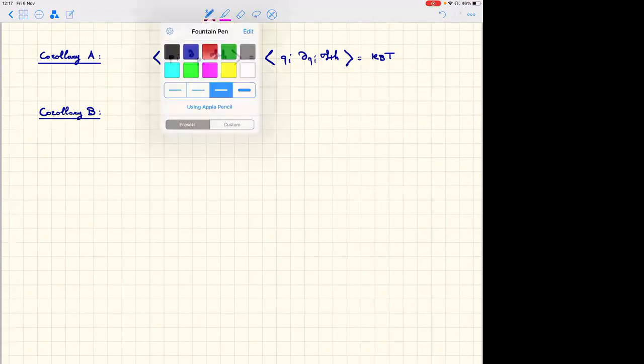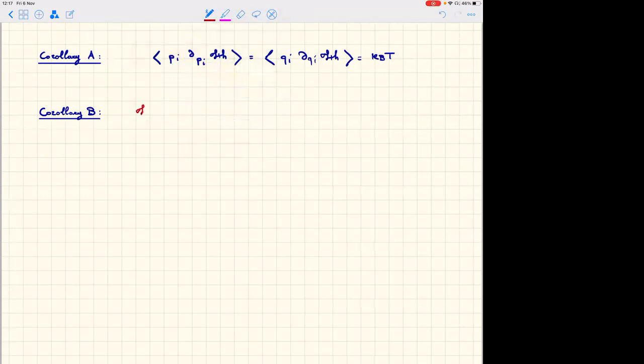What is a quadratic Hamiltonian? A quadratic Hamiltonian is a Hamiltonian H which is equal to the sum over i of Ai Pi squared plus the sum over i of Bi Qi squared.